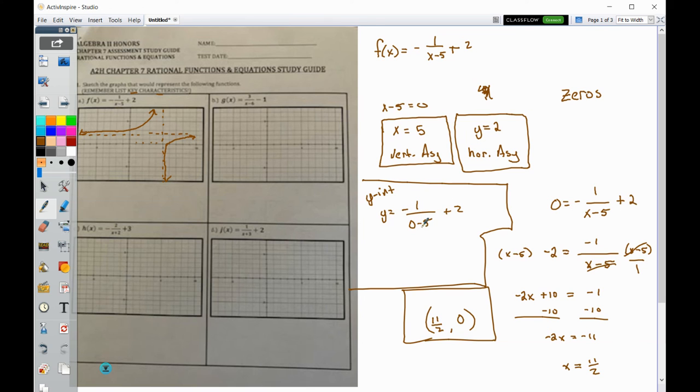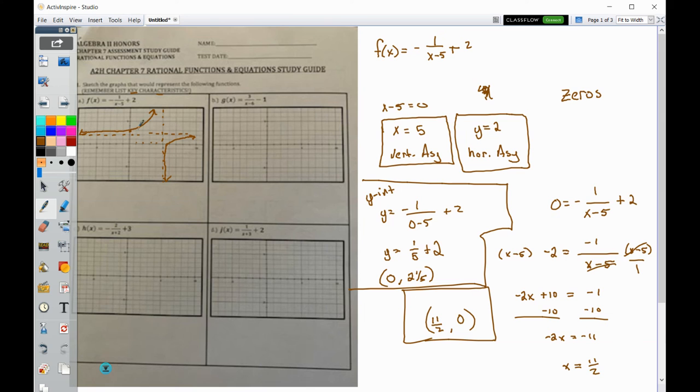Negative 1 over negative 5 is a positive 1/5. So y equals positive 1/5 plus 2, so 2 and 1/5. We got this point as well: 0 comma 2 1/5.